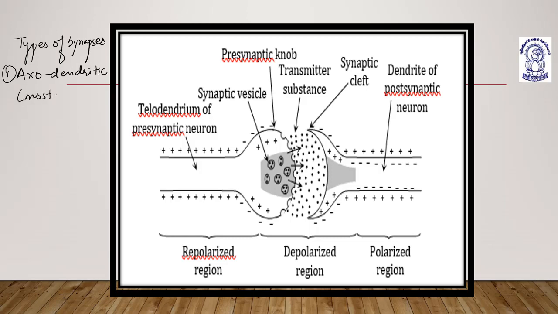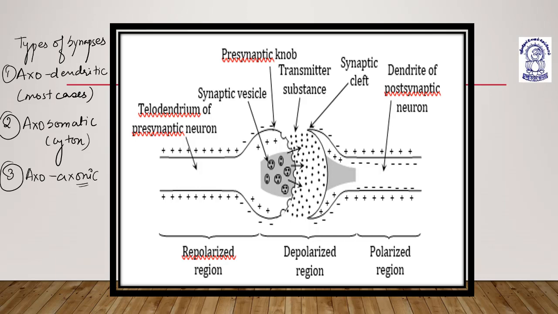Then axosomatic, where somatic means the cell body. And axon with axon, axoaxonic. So these are the different types of synapses.